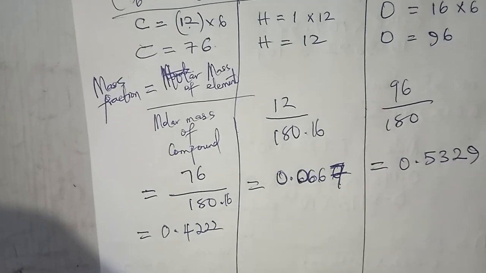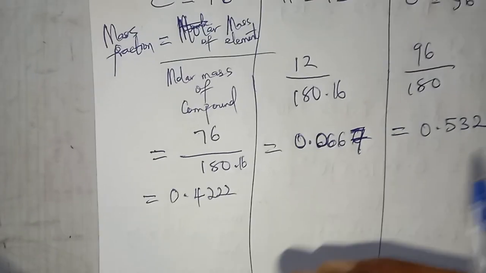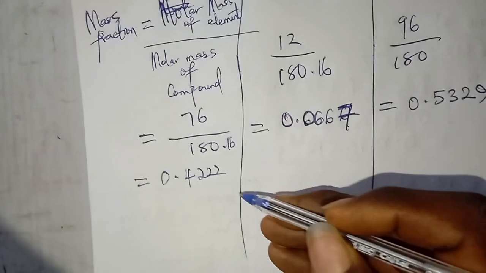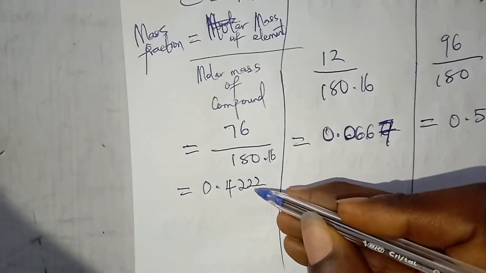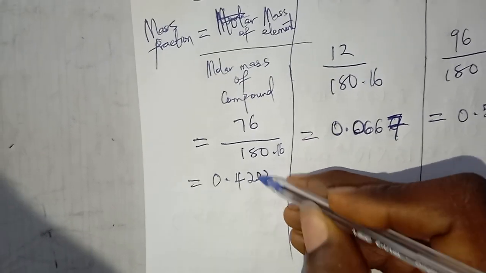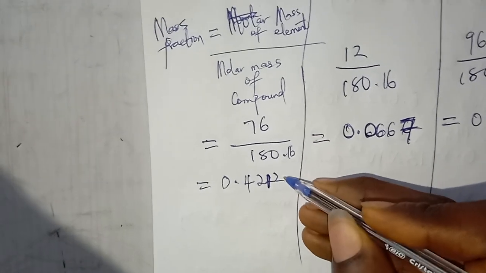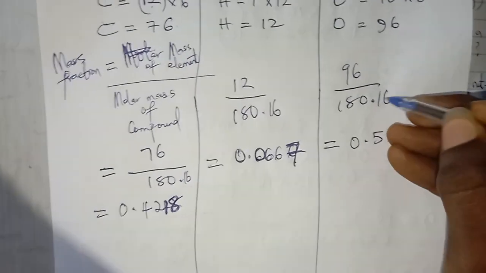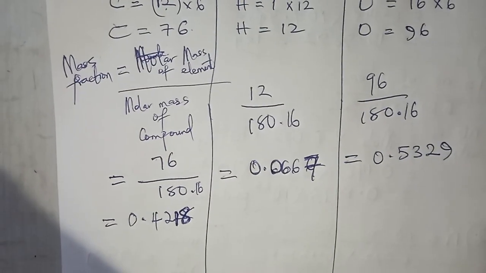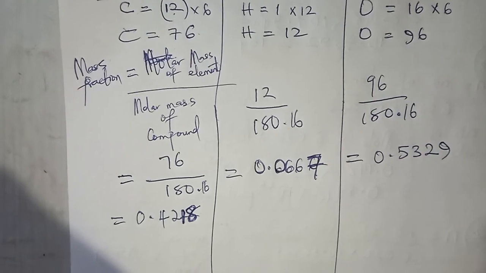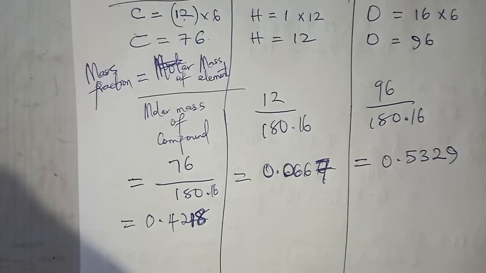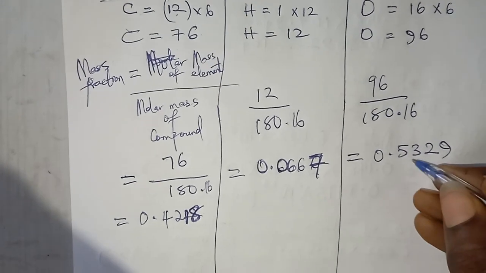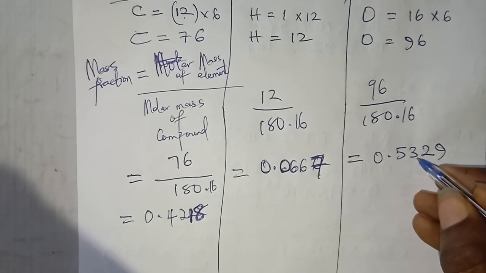If I do 72 divided by 180.16, I should get 0.3996, and if I do 96 divided by 180.16, I should get 0.5329.